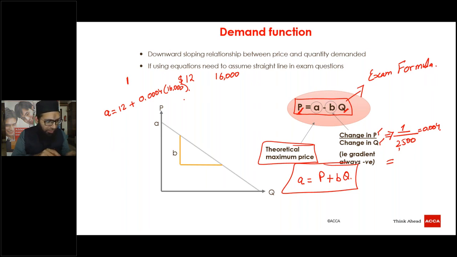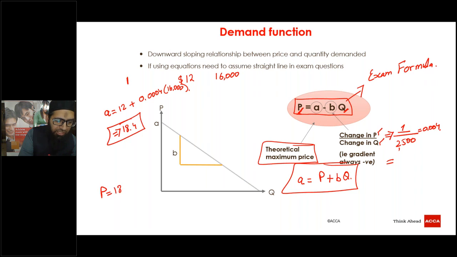If I calculate the value, it is 18.4. So the value of A is 18.4. And I can write the equation now as P is equal to 18.4 minus 0.0004 Q.